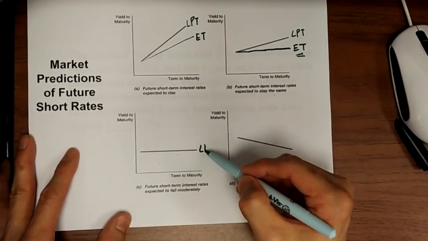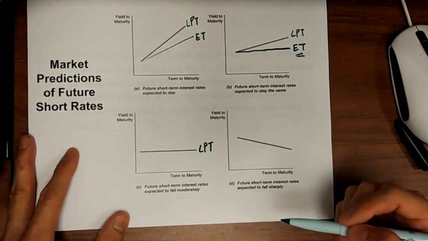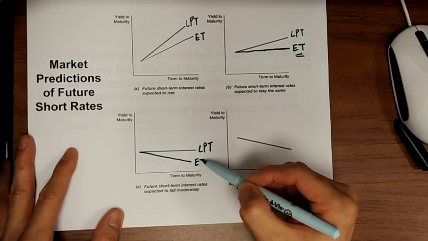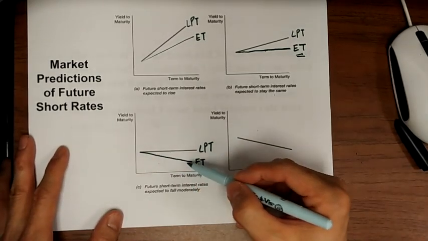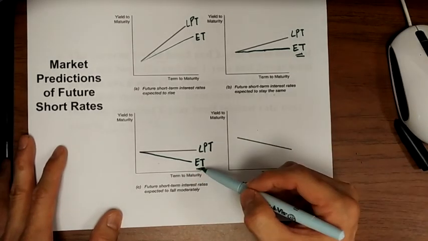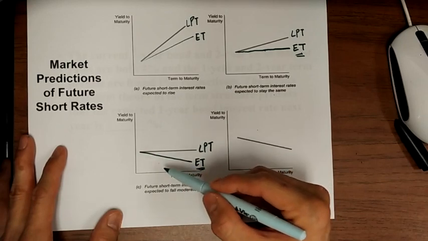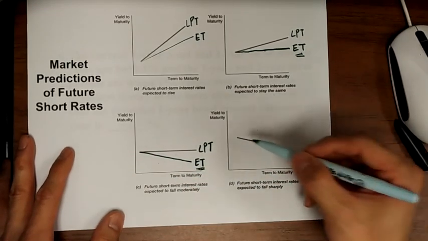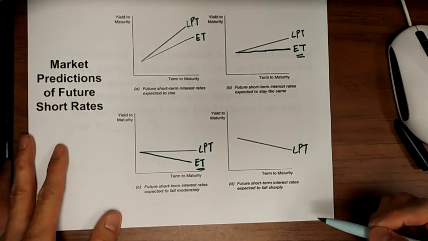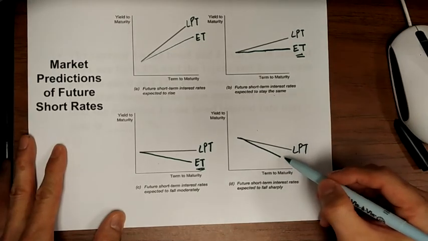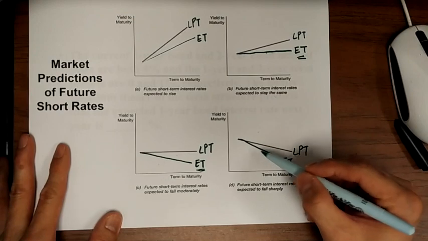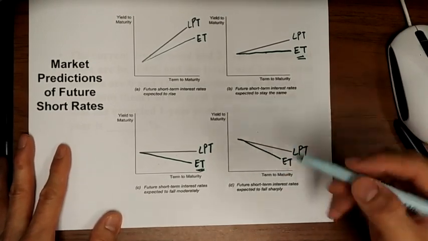If you have already observed a yield curve that is flat, and then you pivot it down, you get a downward sloping yield curve implied by the expectation theory. That means people expect short-term interest rate to go down. If you are observing a downward sloping yield curve already, and you pivot it down, that means the market expects the short-term interest rate to drop sharply.